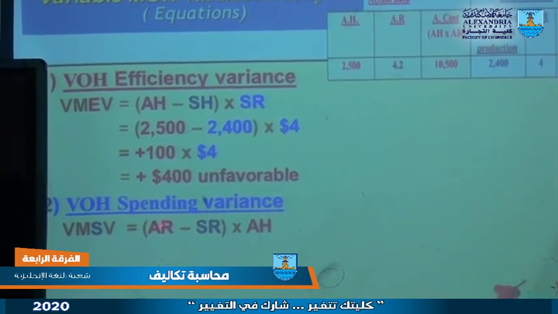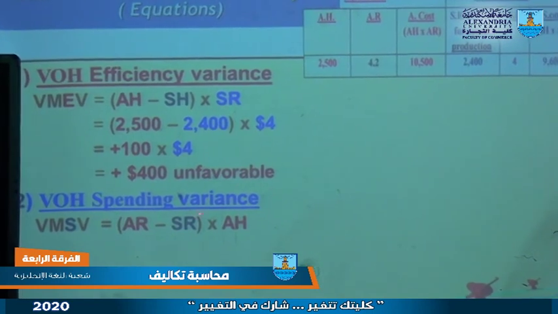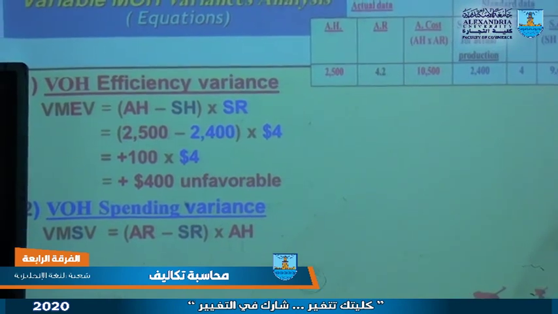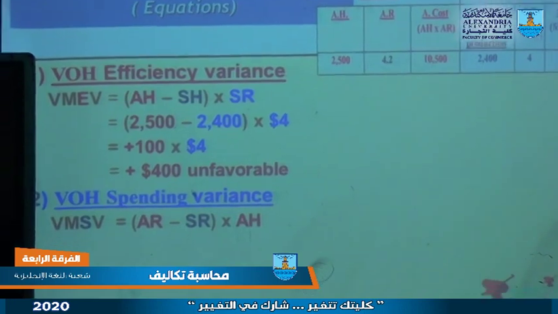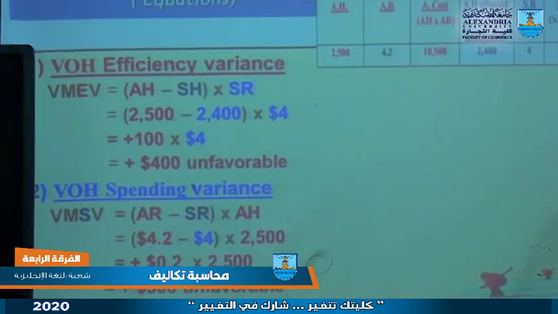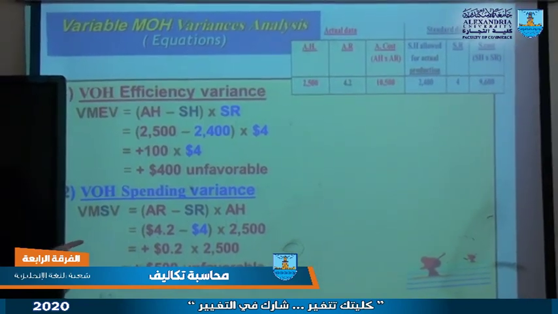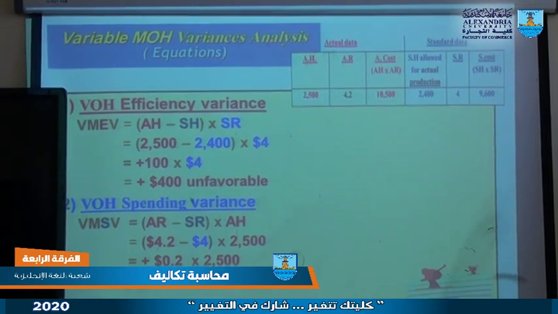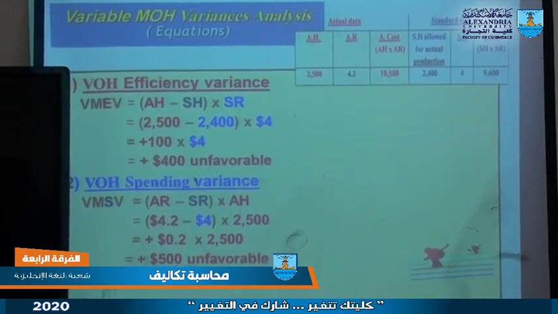Everything you have is inside your table of costs. This is how to calculate spending: 4.2 minus 4 will equal positive 0.2 times 2,500. Here I have 500 unfavorable.